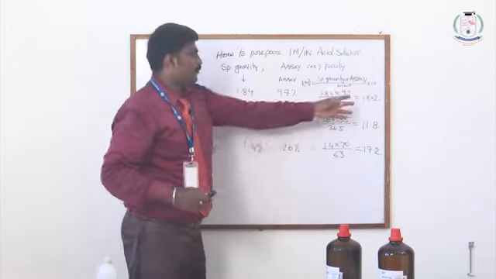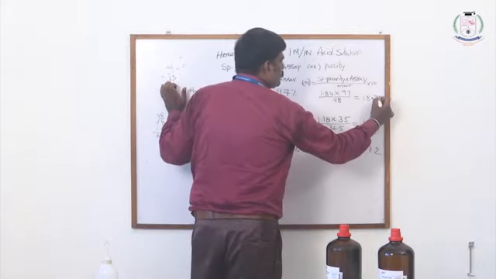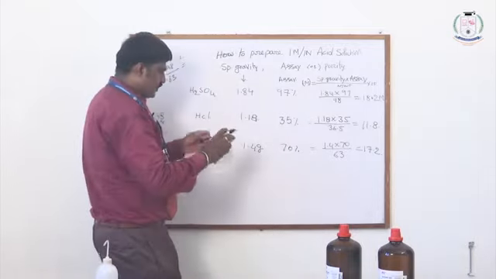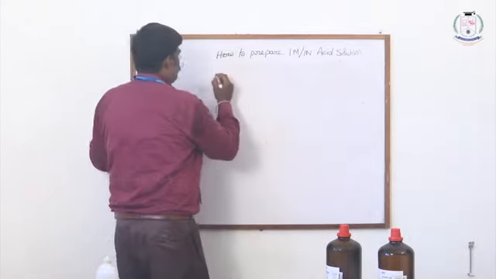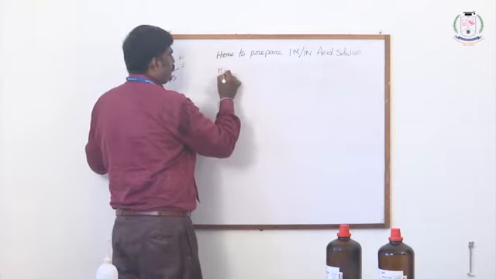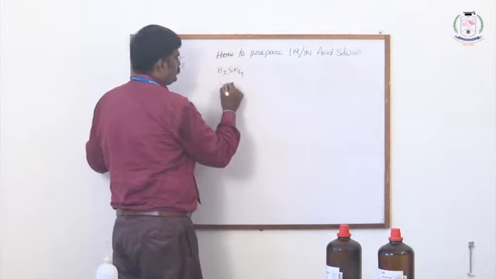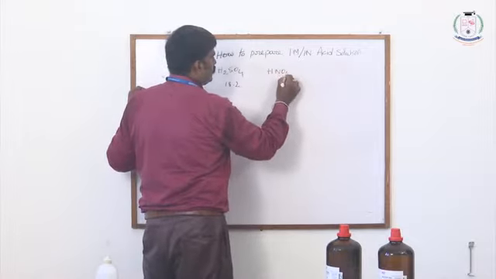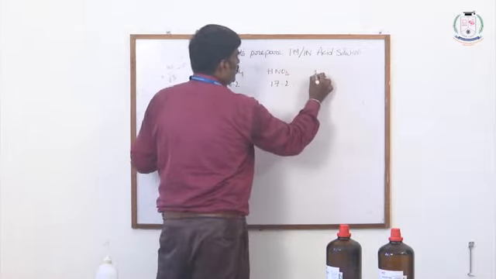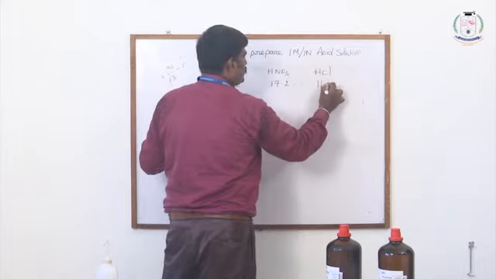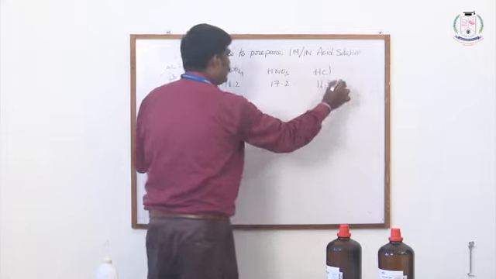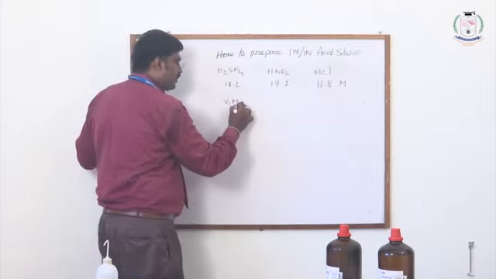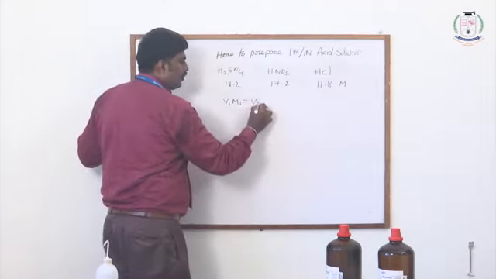Now if you want to make this 18.2 molar solution into a 1 molar solution, what do we have to do? Sulfuric acid is 18.2, HNO3 17.2, and HCl 11.8 molarity. We can use the simple formula V1 M1 equal to V2 M2.